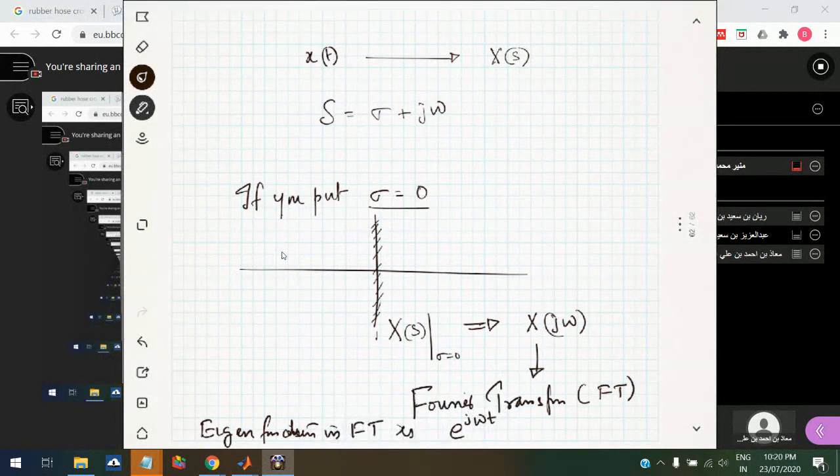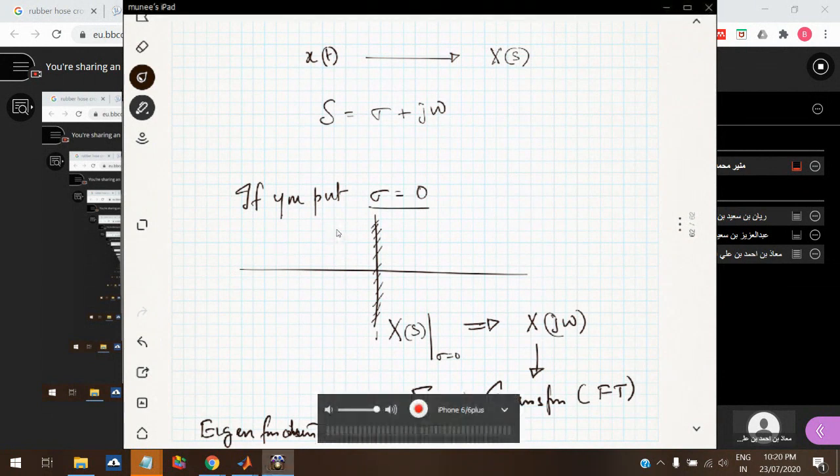I hope you got some sense of the transform theory. There are a lot of transforms according to different basis functions. In the Laplace transform, our basis function is e power st, and in the Fourier transform, our basis function is e power j omega t. If you can make a new basis, you can write a research article, and you have to prove that a lot of applications are there.